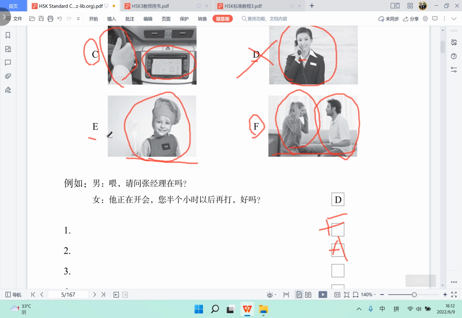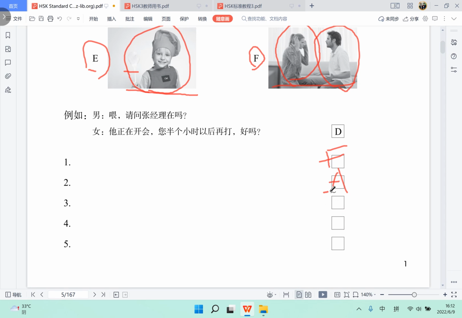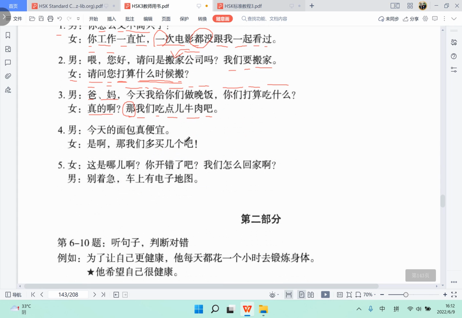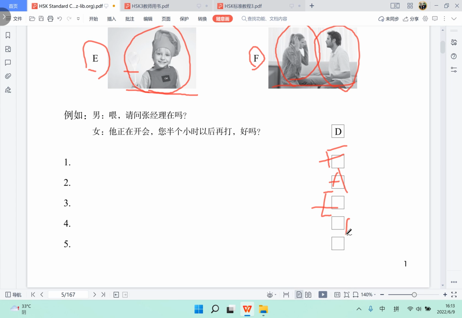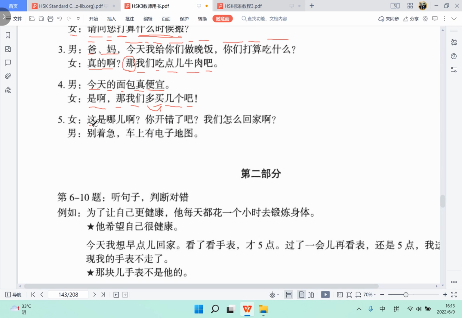So that's E, and also for cooking, 做饭. And number 4, 第4个, 今天的面包真便宜。 Today's bread is really cheap. 是啊，那我们多买几个吧。 Yes, then let's buy several more. So 面包, 买东西, B. And number 5, 第5个, 这是哪儿啊？ Where is this? 你开错了吧？ You drove wrong.